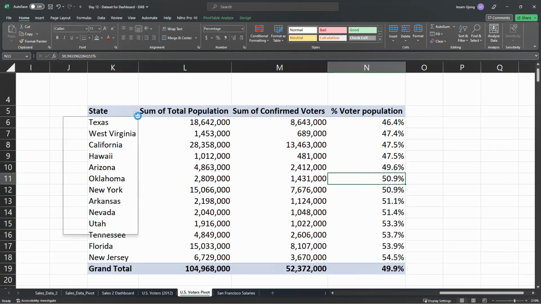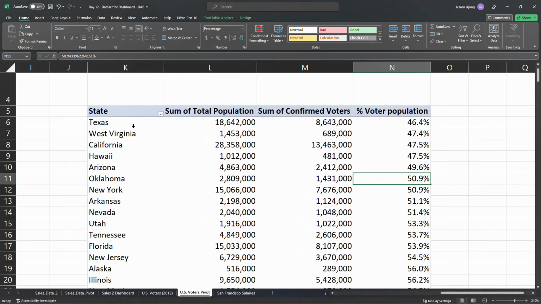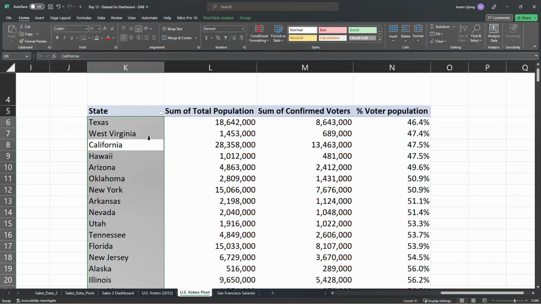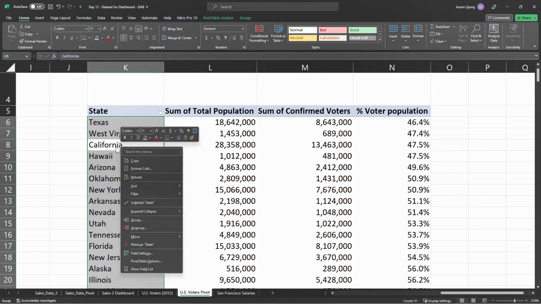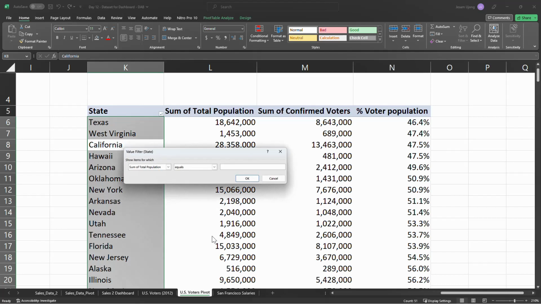So I'll just take it once more, quickly, for those who did not grab it. So I right click on the states, go to filter, go to value filters, and I want to filter based on the percentage voters population, where it is less than.